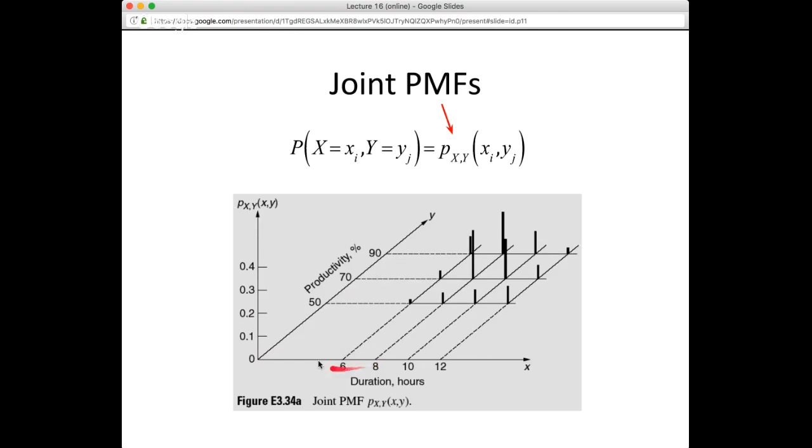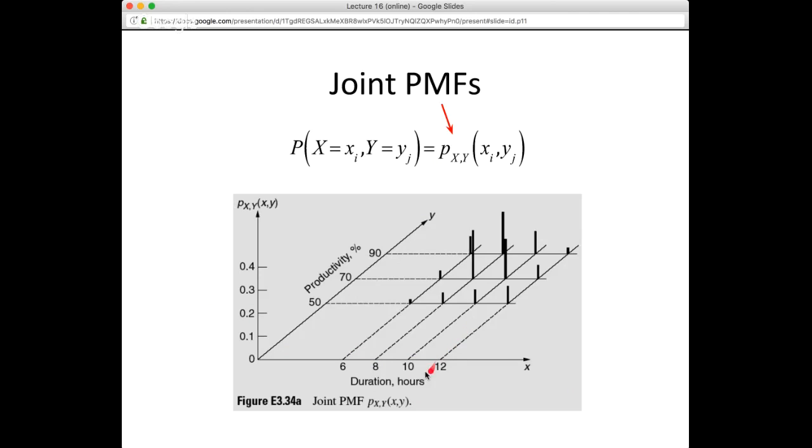And in this case, x and y are apparently representing, the wind is really blowing harder, productivity of some manufacturing process representing percent. And so the discrete values that y can take on are 50, 70, and 90%. And then that is related to maybe the amount of time it takes to manufacture a product, or the duration, which can take on this x-axis discrete values of 6, 8, 10, and 12.